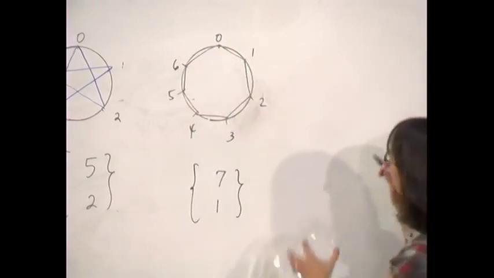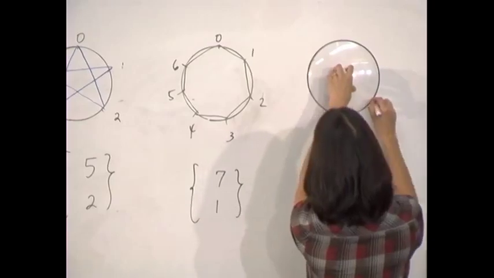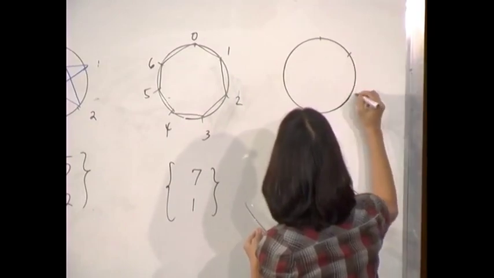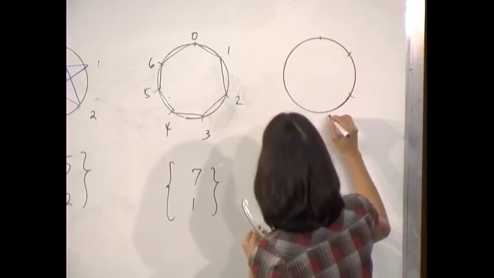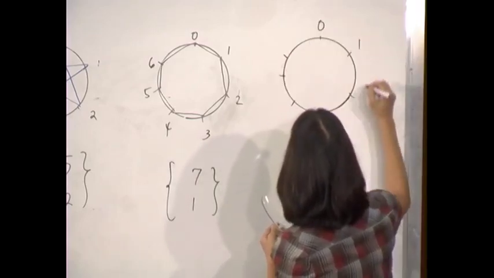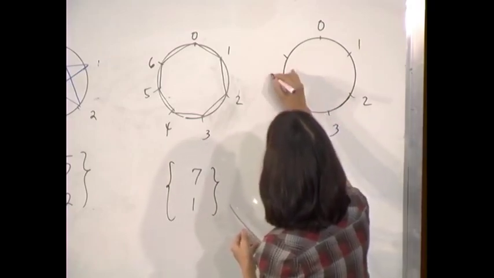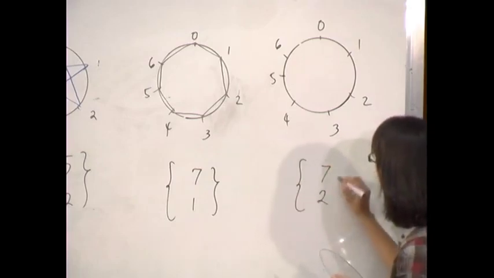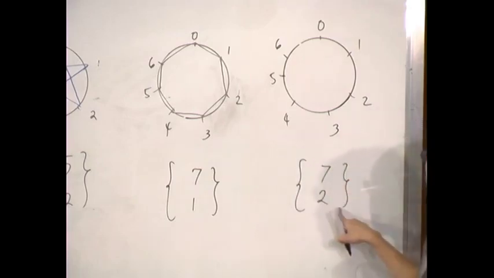Okay. How about for 7, 2? So again, we mark off 7 points. Let this be 0, 1, 2, 3, 4, 5, 6. So if this is 7, 2, all I need to do is to add 2.